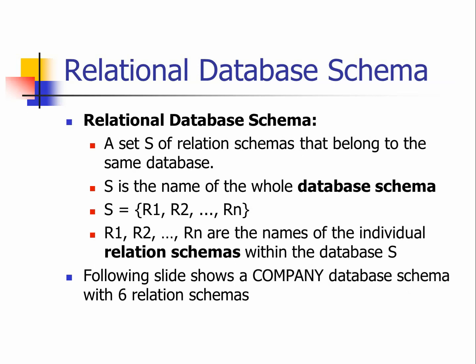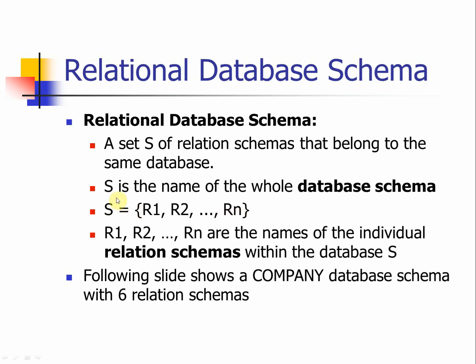So to design or to understand a relational schema diagram, we are very close to it already. A relational schema diagram consists of the following things. A set S of relations, so we will have multiple relations, indicating we will have multiple tables. S is the name of the whole database schema, where S equals relation 1, relation 2, until relation n.